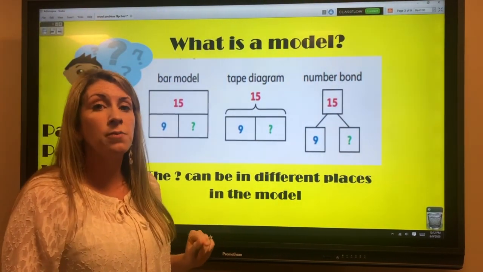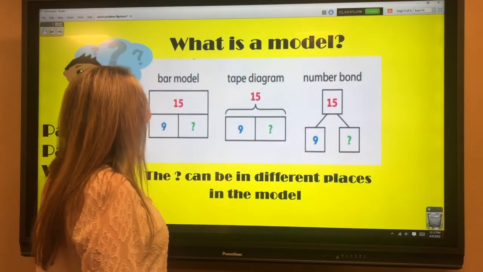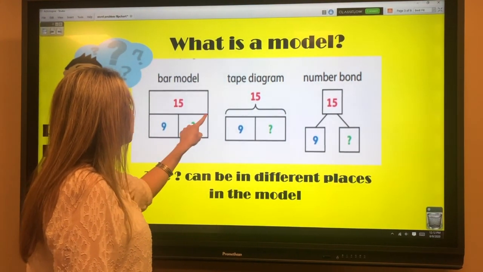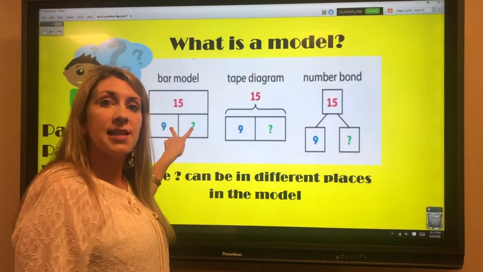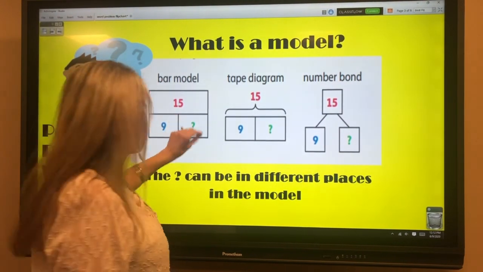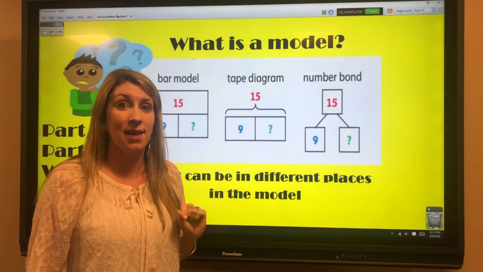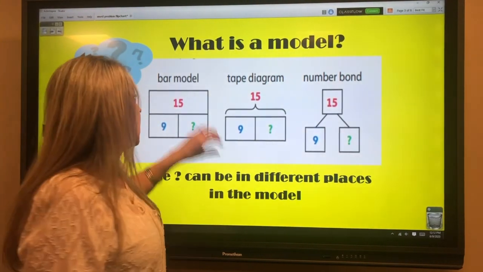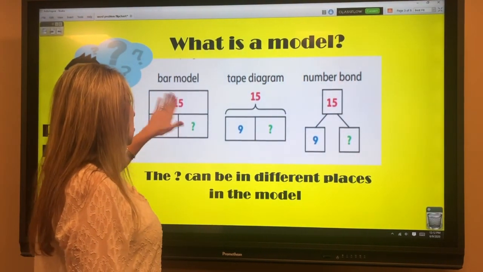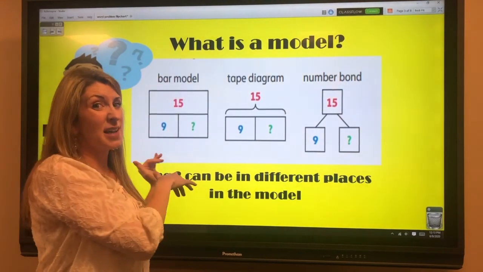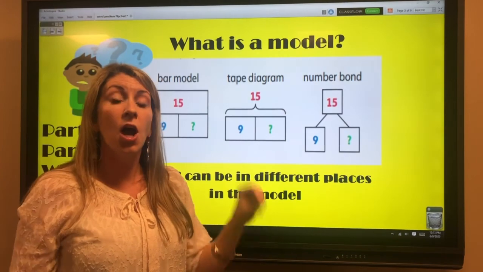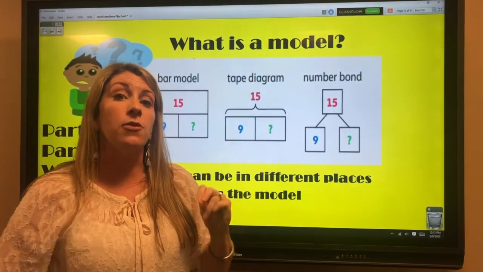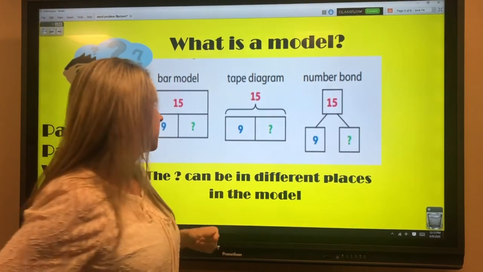The bar model looks a lot like a rectangle that's split in half with the parts together on the bottom and the whole by itself at the top. Now a bar model can look like this, or it could be sideways or upside down. The main thing you have to remember is that the parts are together and the whole is by itself.